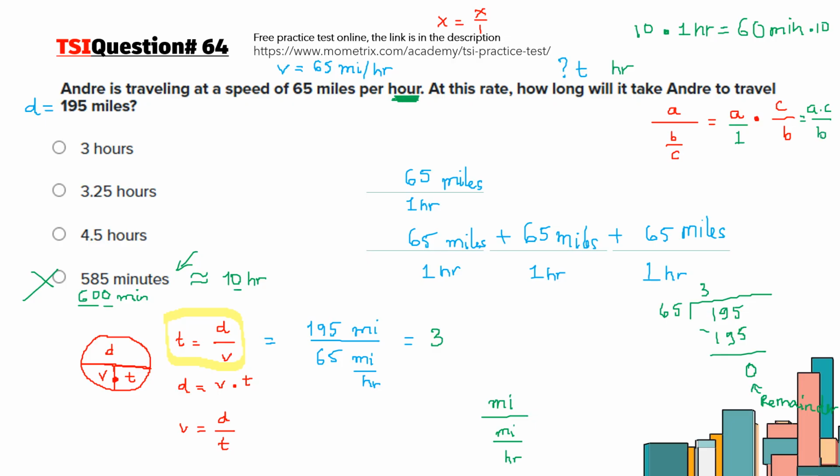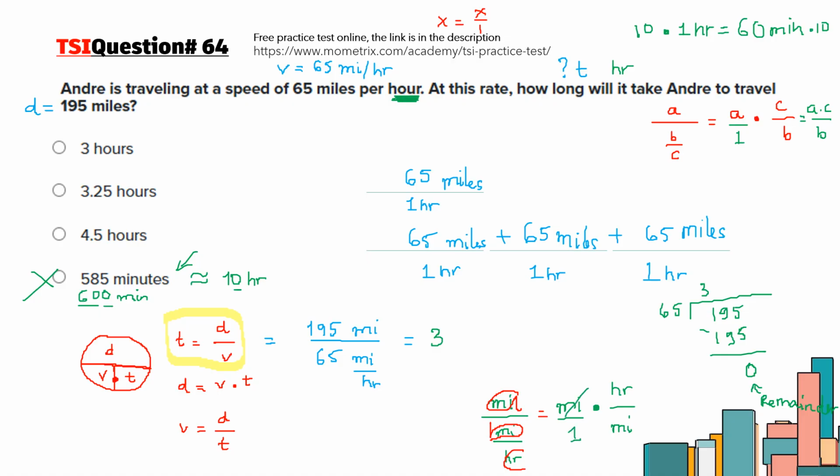Now if you look at that, we have our A right here. Don't worry, A and B in this case are the same. We just look at the position to make sure we apply the right formula. So my A is the miles, multiplied by the reciprocal of miles per hour, which is hours per mile, and miles is miles over 1.